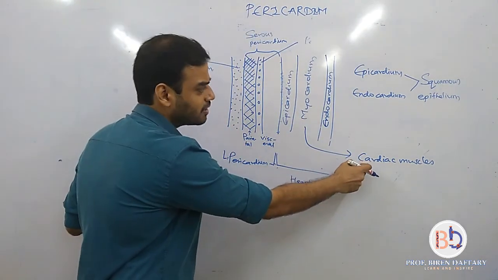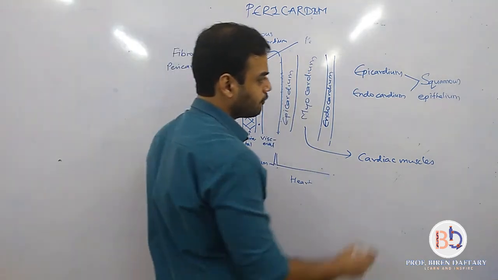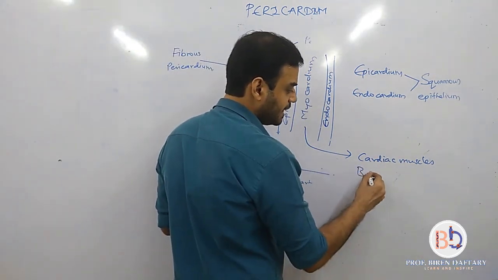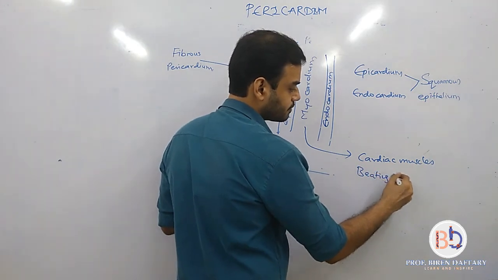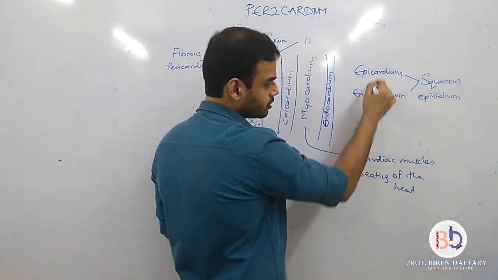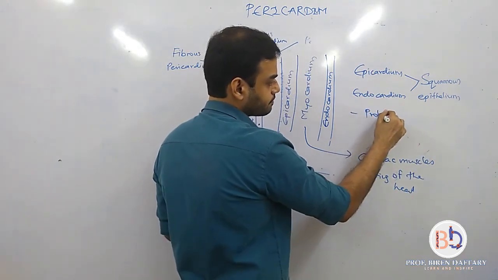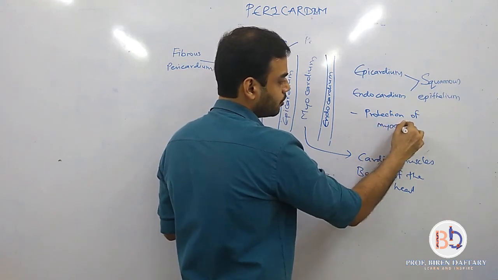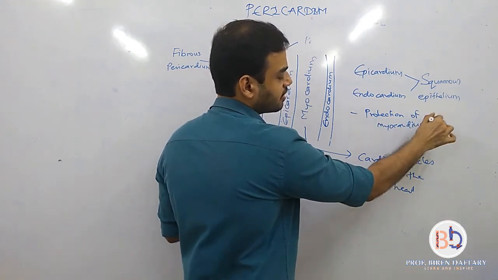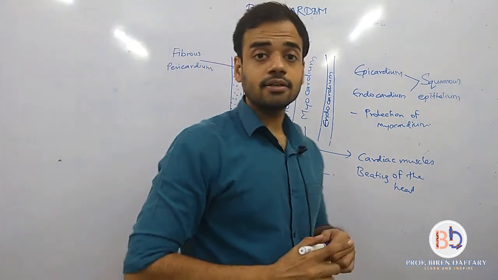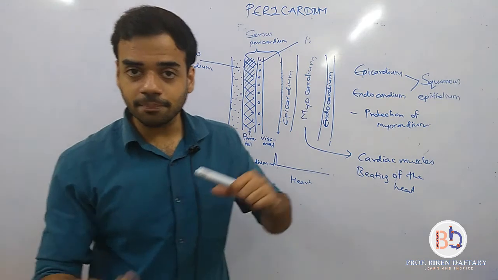So muscle fibers are present over here, and the function is beating of the heart or working of the heart. Function of these two is protection of myocardium. Is this clear?